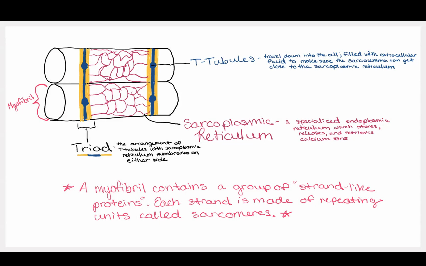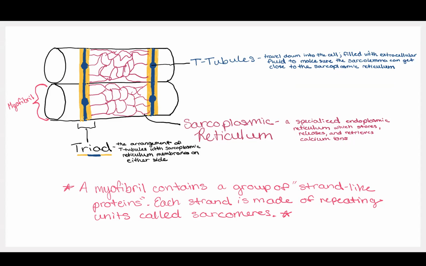The T tubules are labeled in blue, and a T tubule travels down into the cell. It's filled with extracellular fluid, and that's to make sure that the sarcolemma can get close to the sarcoplasmic reticulum.